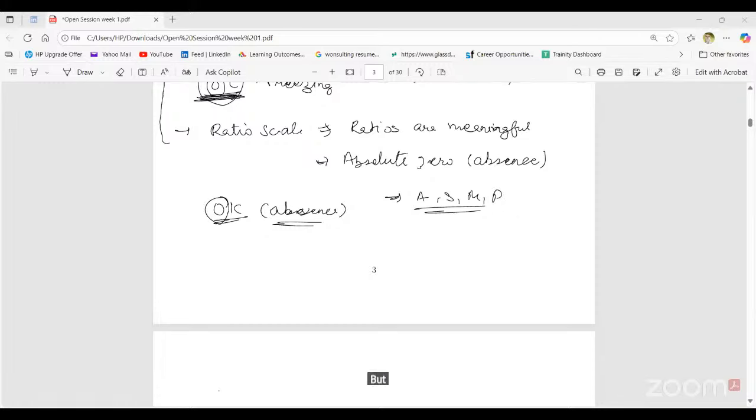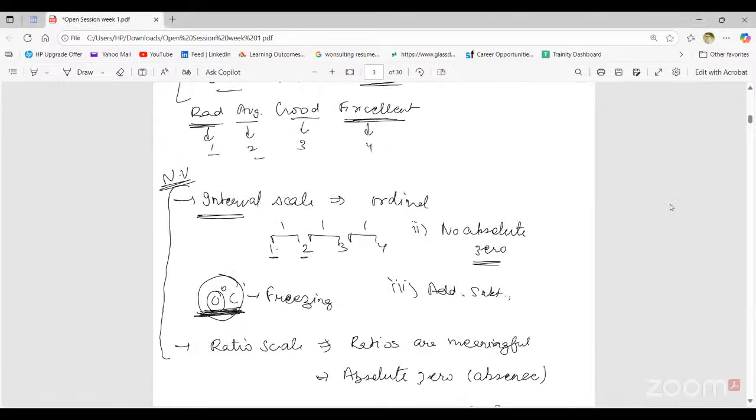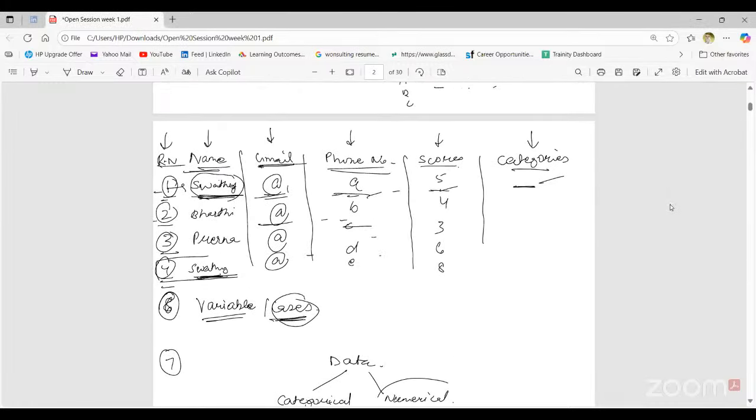But see, the main thing is the cases. You took the example in the table. If you scroll up, there is the column of phone number. Phone number is nominal data, right?